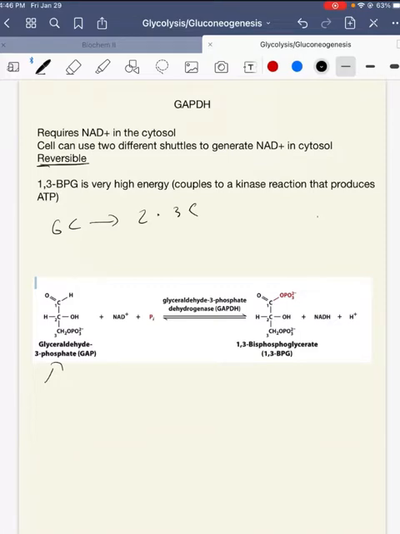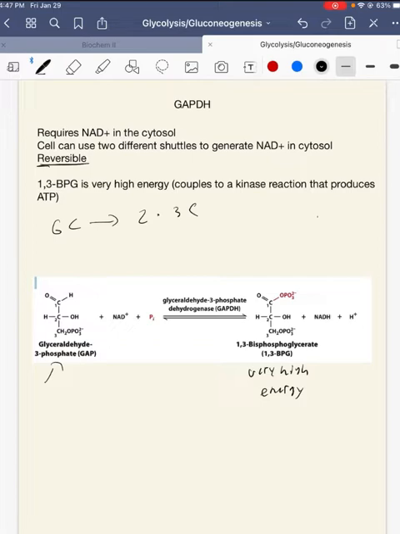So it's reversible, but it makes this very high energy product that can couple subsequent reactions. But I'll explain why it's reversible in the next slide. But just know GAPDH is generally reversible.